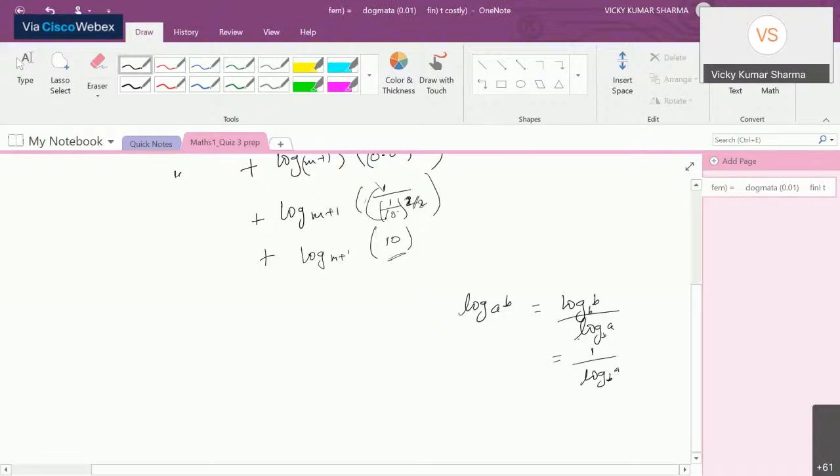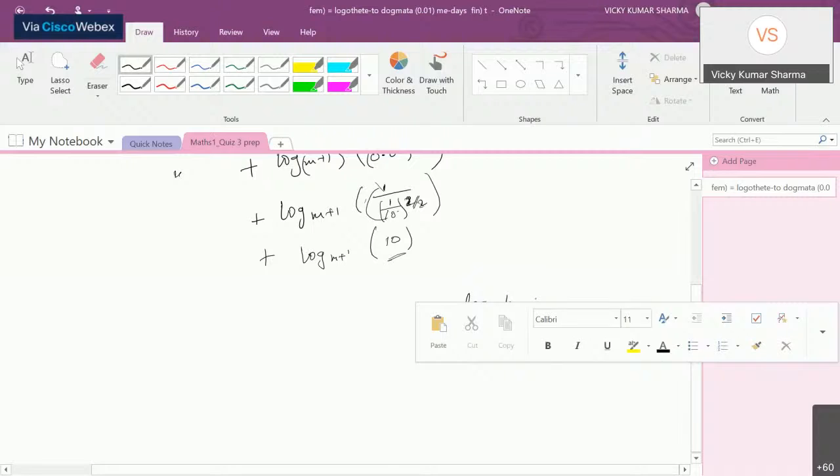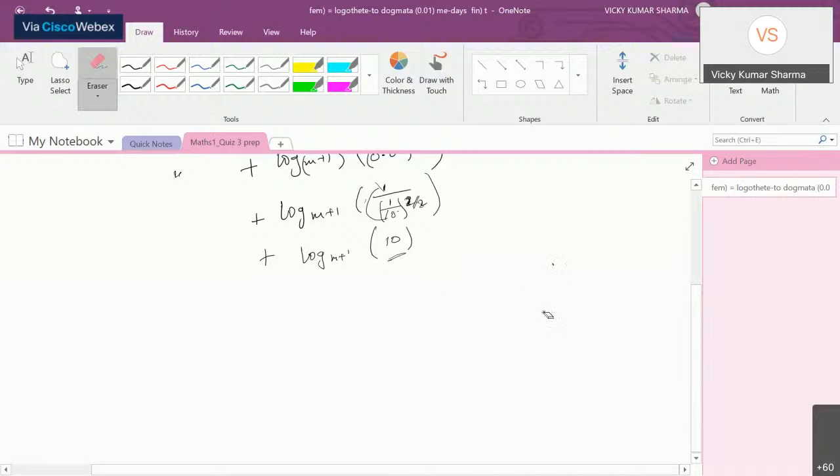You know this formula, is it? No. Change of base you don't know. Okay, I'll tell you what it is. Basically, let me take a numeric value, log of 5 to the base 4, suppose. This is equivalent to writing log of 5 to the base whatever you can give.